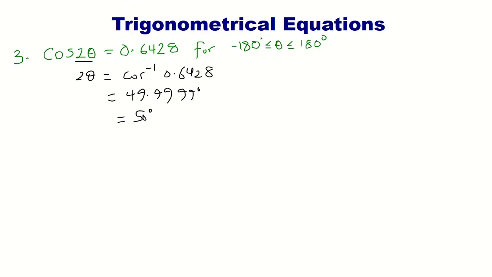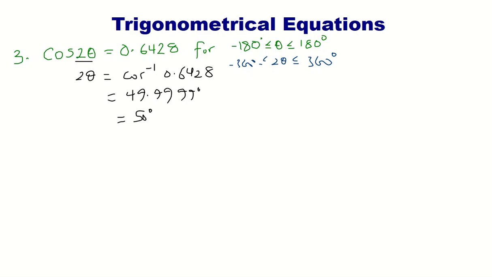If the thetas are ranging from -180 to 180, then the 2 thetas should double this. So this will be -360 degrees, and this will be +360 degrees. So we find values of 2 theta between -360 and 360.